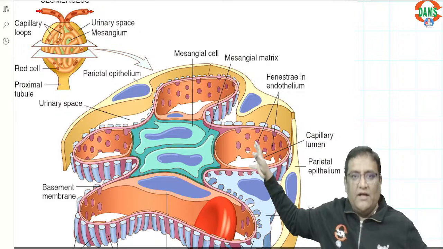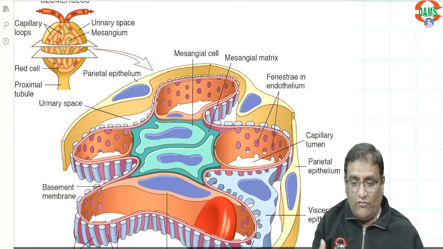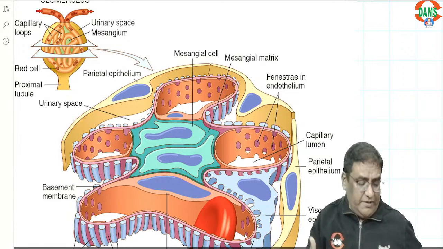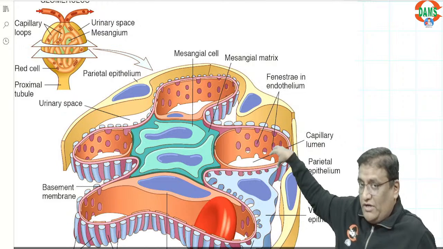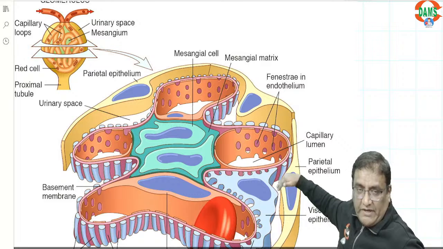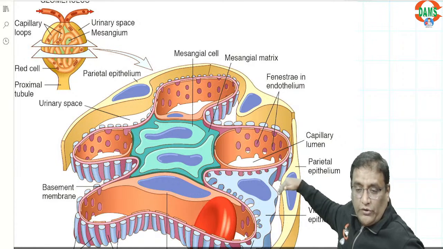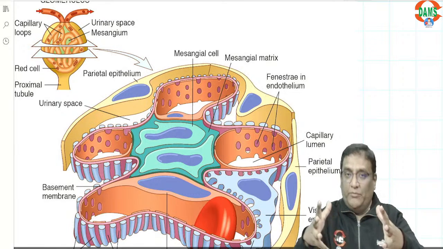The smaller things like water and the substances dissolved in it get filtered out, and once filtered, they accumulate in your urinary space. This is your Bowman space or urinary space. Ultimately, the urinary space will form the tubules, isn't it?